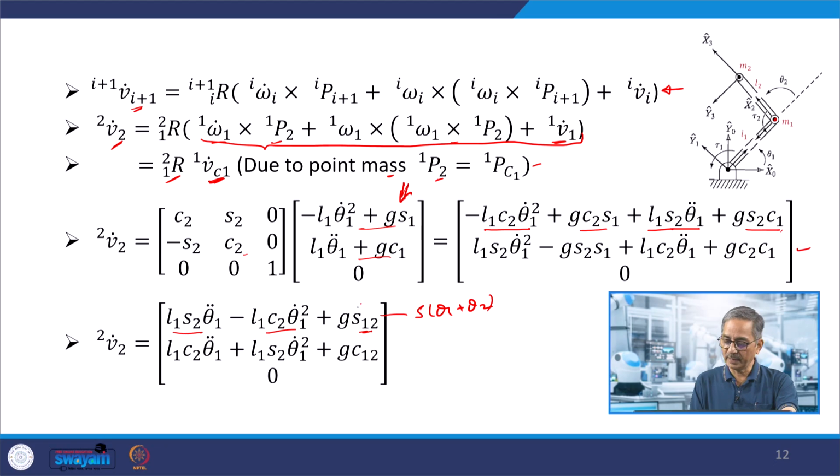That way I have simplified. And similarly this term over here, then you have the square term over here, and this cos theta 1 cos theta 2 minus sin theta 1 sin theta 2. So, this is cos theta 1 plus theta 2. This is how we can do the simplification.